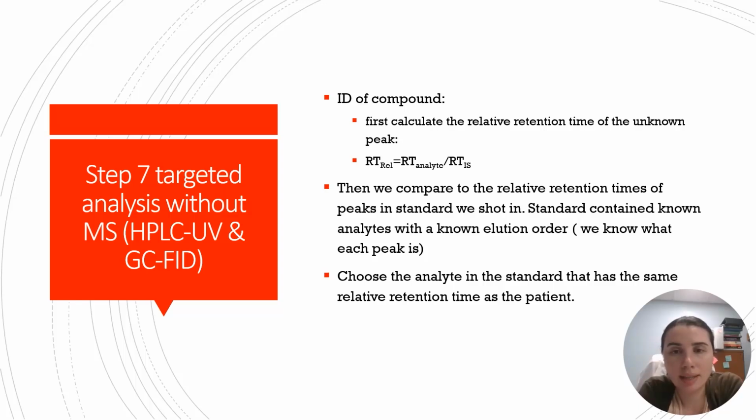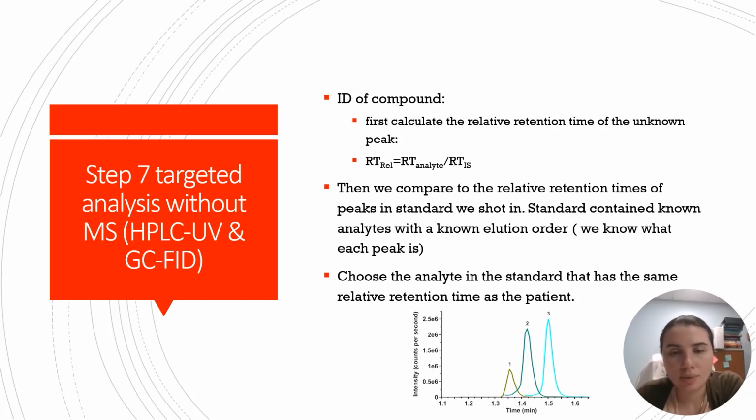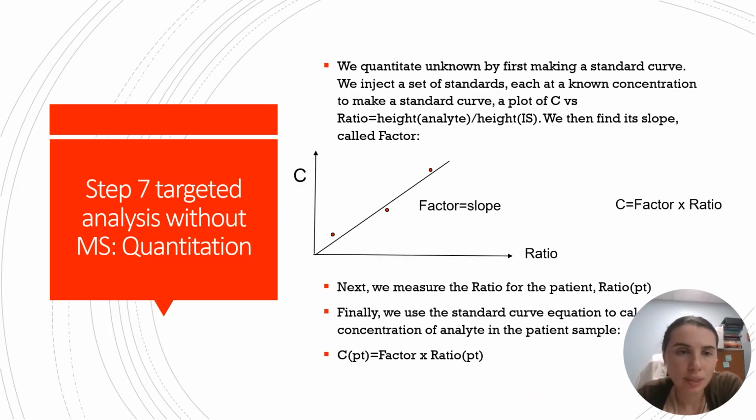You calculate that for your unknown peak in your patient sample and then compare that with the relative retention times of the peaks in your standard injections. And that is how we identify the analyte. Your chromatogram will look something like this. One of those is your internal standard and two of those are analytes.